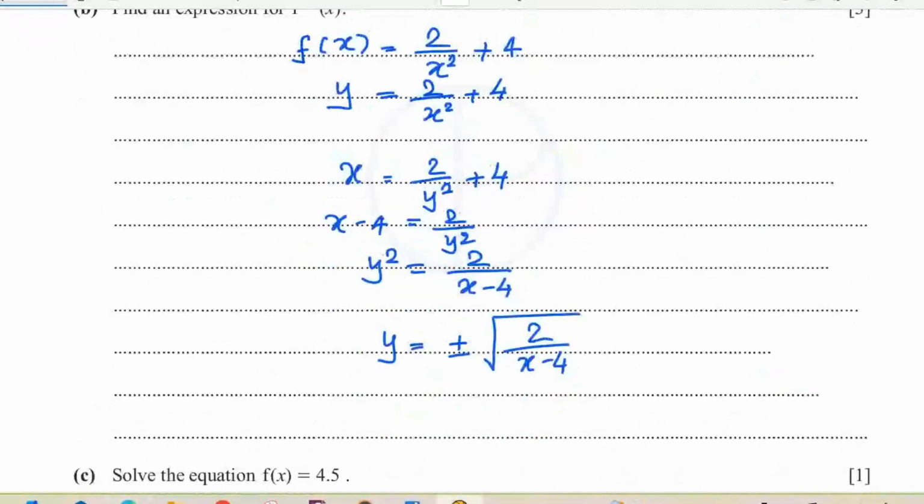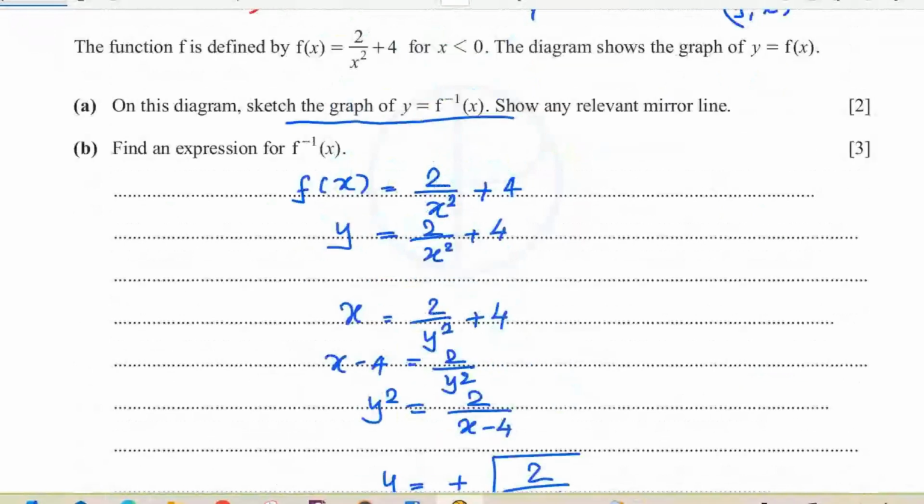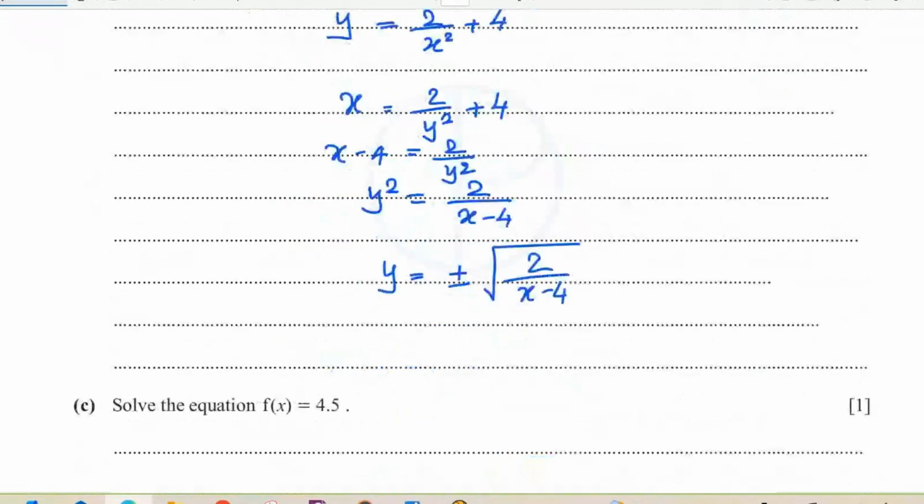Now y takes 2 values, but it should take 1 value only. So we need to determine which one is the correct one. The domain of f of x is less than 0. The domain of the function f is nothing but the range of f inverse of x. So the range of f inverse of x should be less than 0. That means this y value should be less than 0.